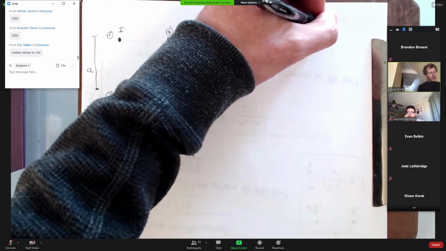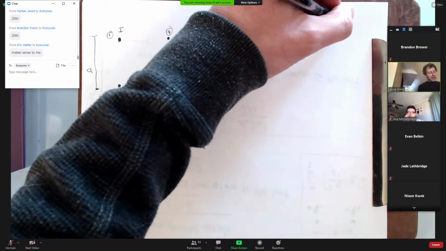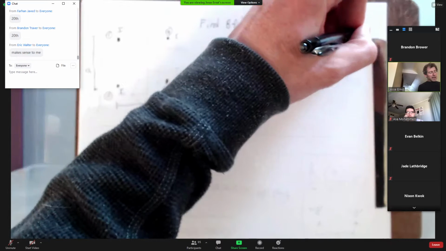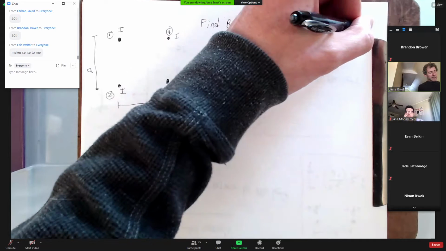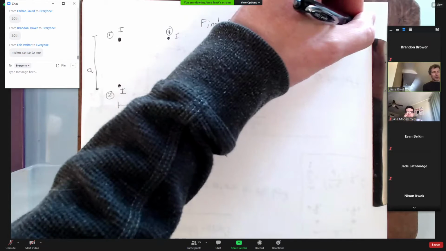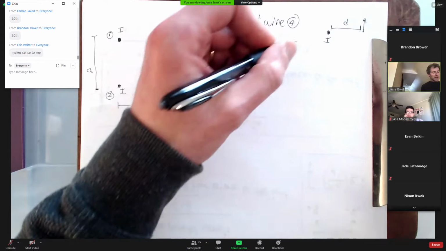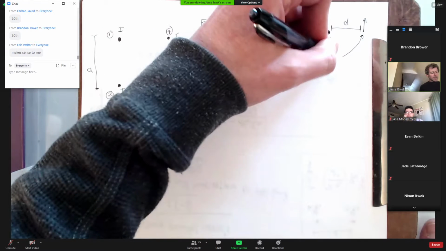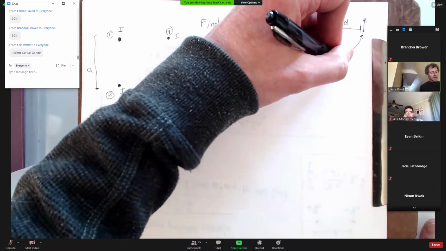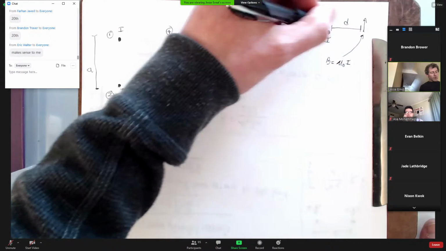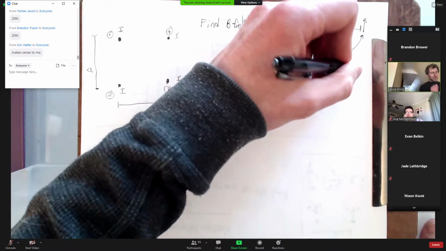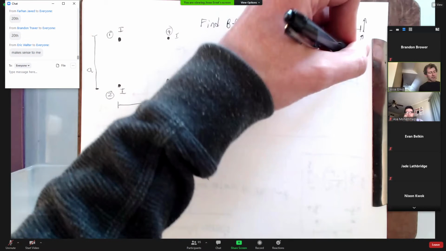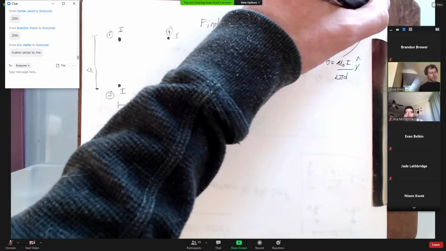And you go back to this idea. If I have a wire carrying current I, and I'm a distance D away, the B field at this spot from that wire is going to be this way. Current's coming out, so the B field over here is that way. And the strength of the B field here would be mu naught I over 2 pi D. And I guess it would be in the y hat direction if this is X and Y. Okay?